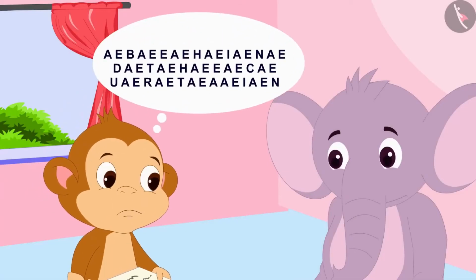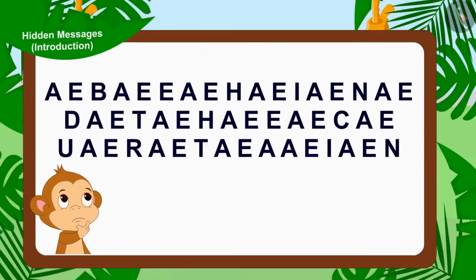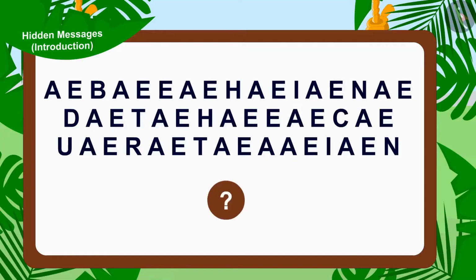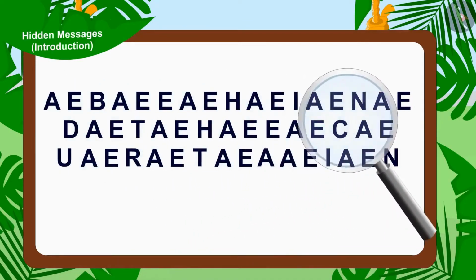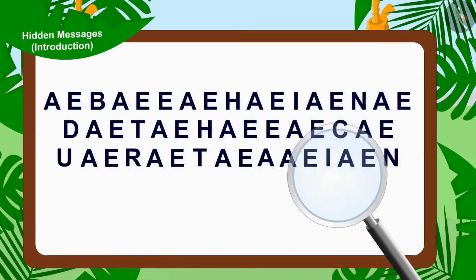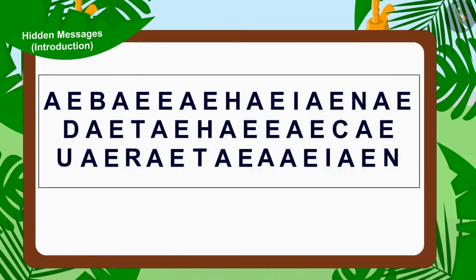Babban started thinking, I can't understand clearly what is written using these alphabets. Children, do you understand the clue written in Appu's letter? Come, let's see Appu's first letter carefully. Children, can you see some form of repetition here?